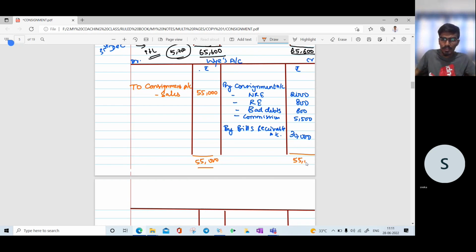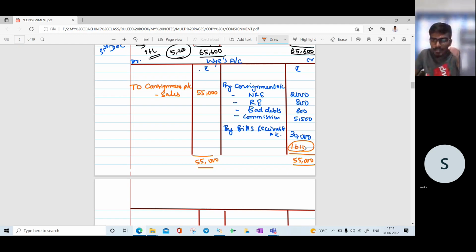This is also 55,000. There is a remaining balance. How much? Calculate the balance. 2,000, 2,800 plus 600, 3,400 plus 5,500. 5,500 plus 3,400 is 8,900 plus 30,000. You will get 38,900 minus 55,000. You will get 16,100.